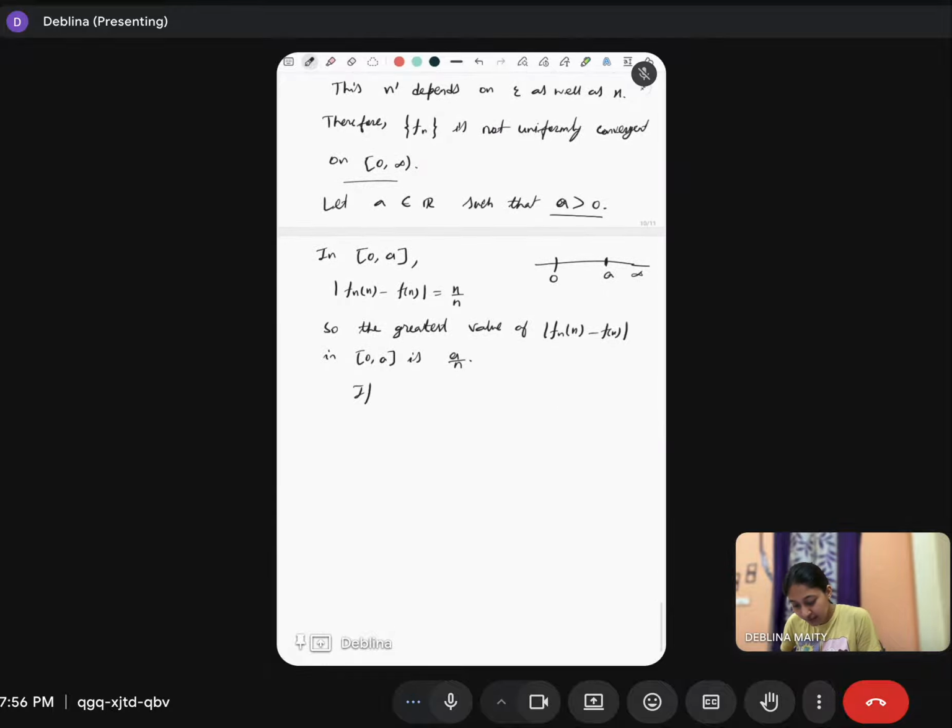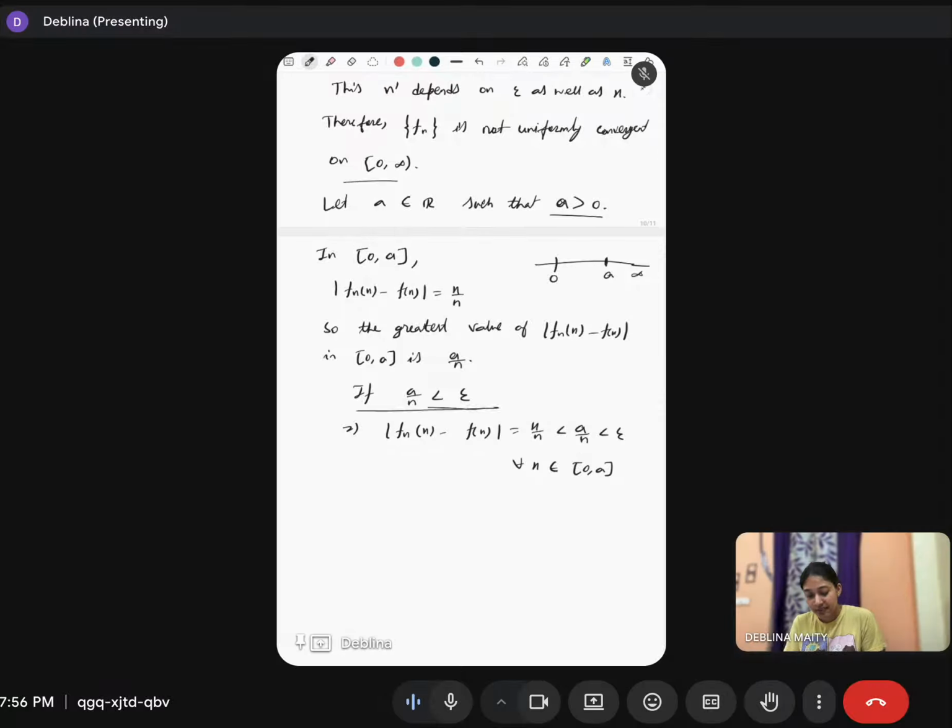So if a by n is less than epsilon, then automatically fn(x) minus f(x), which is actually equal to x by n, is less than a by n, which is less than epsilon, for all x belongs to 0 to a, right?